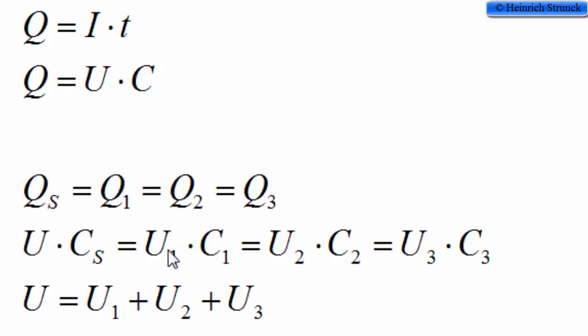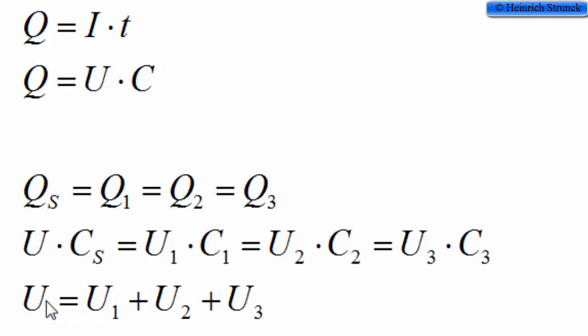And then the voltage for capacitor number 1 times the capacitance for capacitor number 1, and so for number 2 and number 3 as well. So we can see that the higher the capacitance, the lower the voltage must be, because the charge is the same for all the capacitors.